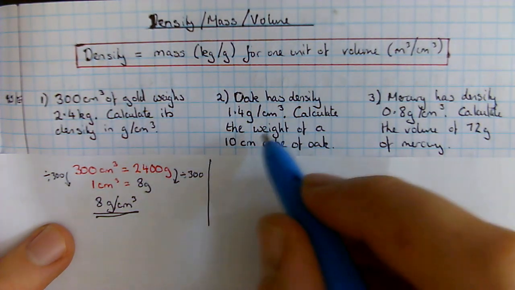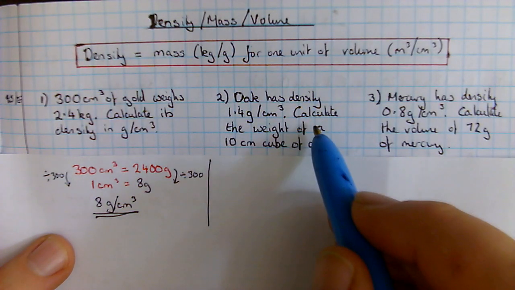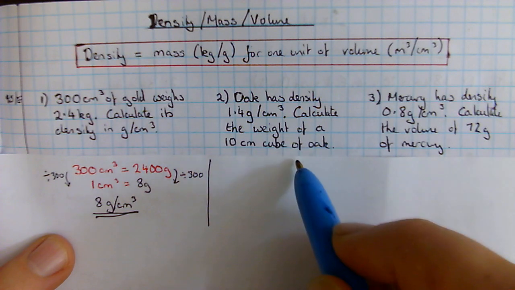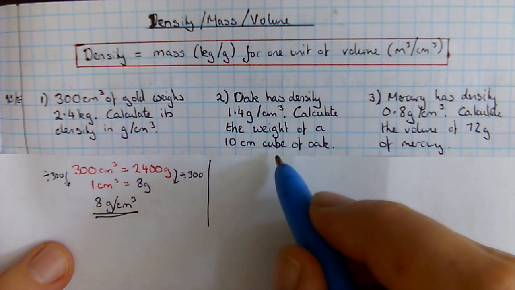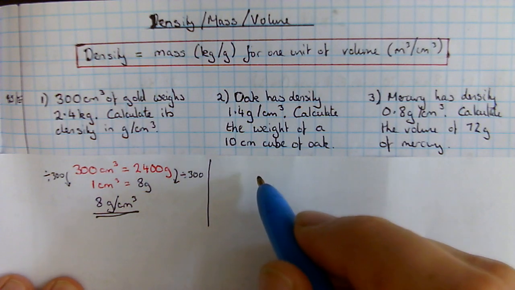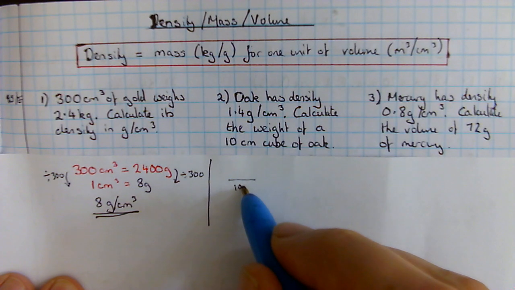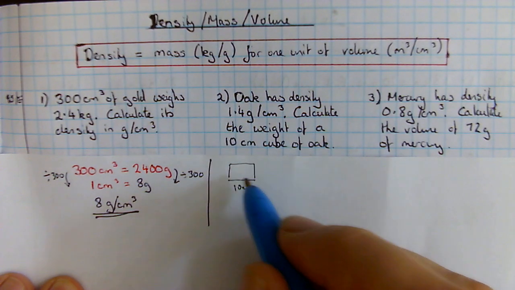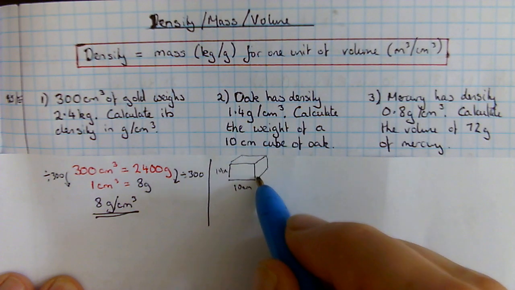Let's take a look at number 2. Oak has a density of 1.4 grams per centimetre cubed. Calculate the weight of a 10 centimetre cube of oak. Okay, well let's start by having a look at what we mean by a 10 centimetre cube. So if I've got a 10 centimetre cube, it's 10 centimetres, 10 centimetres, 10 centimetres.